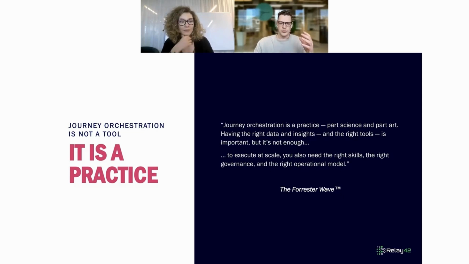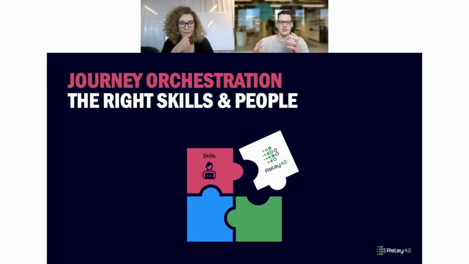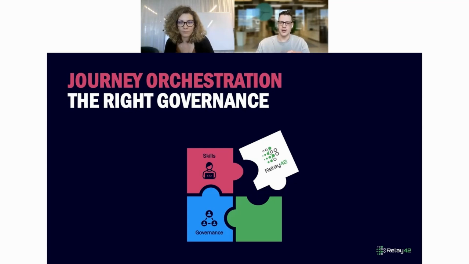If we break that down to the puzzle and say journey orchestration as a platform is one piece of the puzzle, then there are some other puzzle pieces you need to complete it. One thing would be to have the right skills and the right people: the persons that actually use the tool, configure everything, and guide you in the right direction.